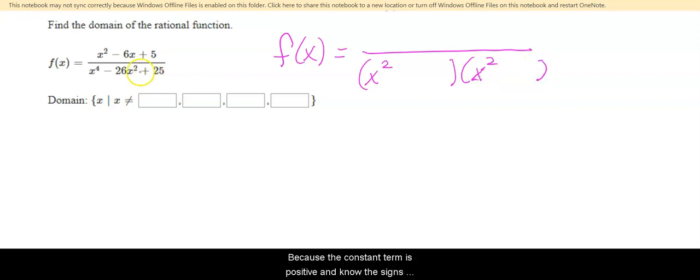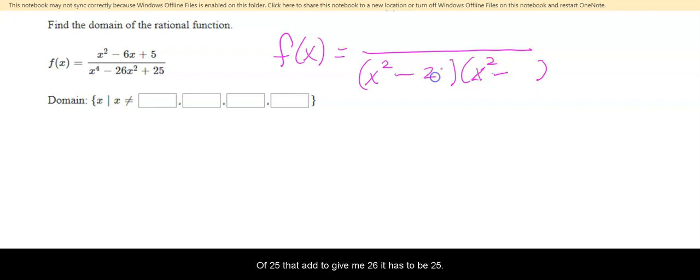Because the constant term is positive, I know the signs are the same, and since the middle term is negative, I know they're both negative. I need two factors of 25 that add to give me 26. It has to be 25 and 1. Those would add to give me a negative 26.